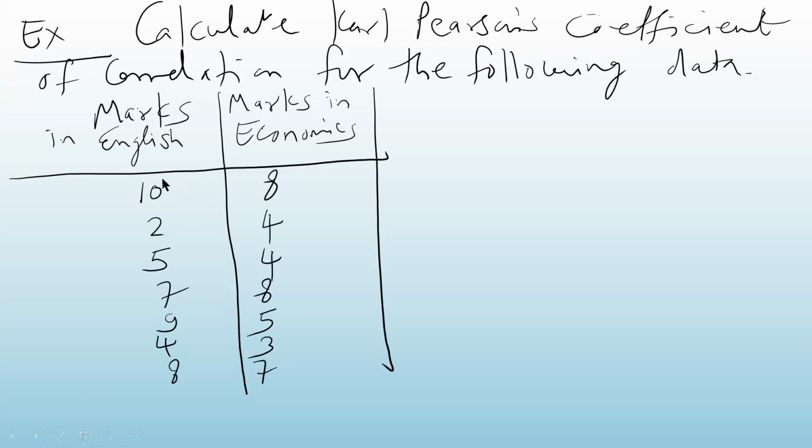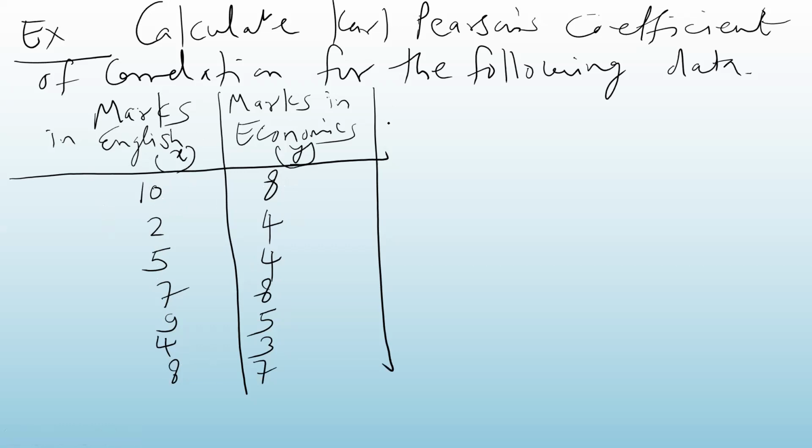So these are the marks obtained by some, how many pairs of values we are having? 1, 2, 3, 4, 5, 6, 7. So marks of 7 students in English and economics. You may call marks in English as X and marks in economics as Y. Okay. So the values are marks in English, 10, 2, 5, 7, 9, 4, and 8. And marks in economics, 8, 4, 4, 8, 5, 3, and 7. You have to find out the correlation between marks in English and marks in economics.